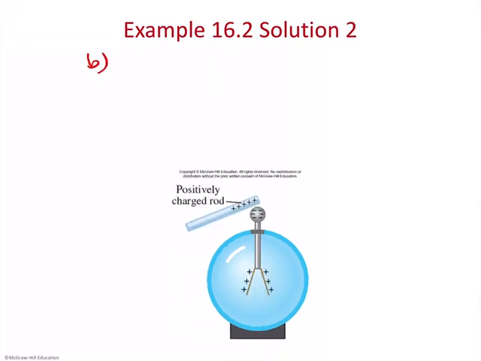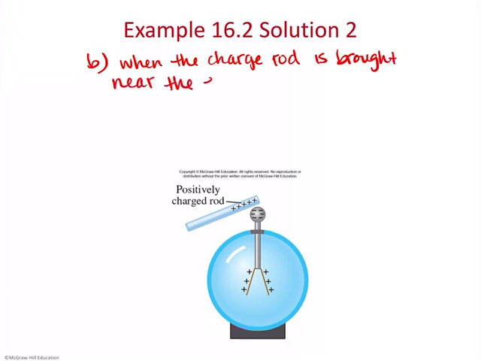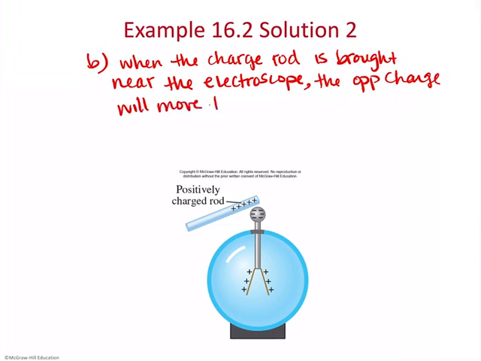When the charged glass rod is brought near the electroscope, the electrons will move to either end.